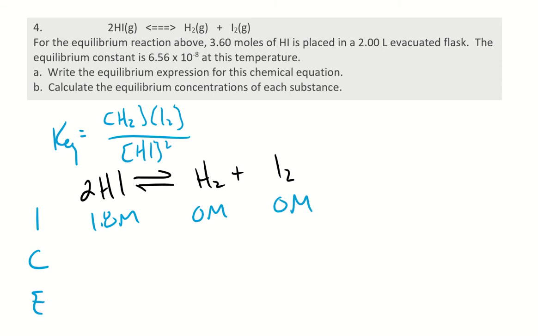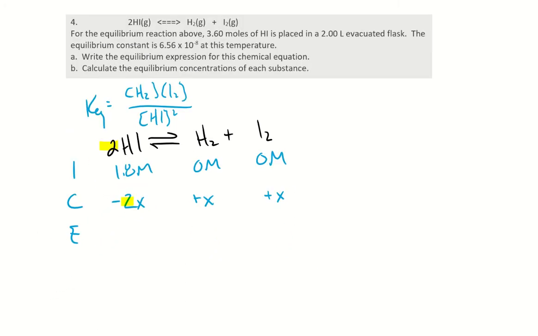Our change, there's only one direction that this reaction can shift in, and that's to the right, because there's no product to begin with. So we'll be losing 2x HI, again due to the coefficient, and gaining x moles of H2 and x molar I2. So our equilibrium values would be 1.8 minus 2x, x, and x.